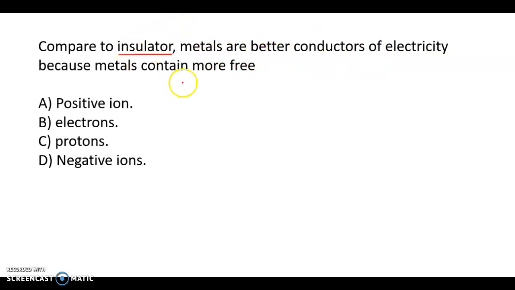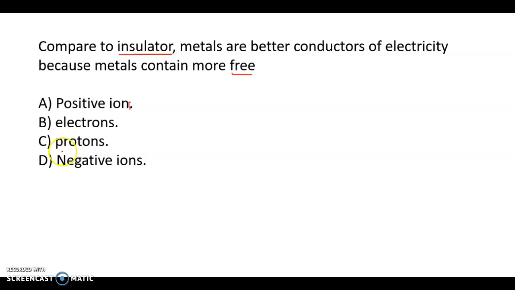Because metals contain more free which of the following: positive ions, electrons, protons, or negative ions? Here, from the basic point of view, you have to know which one of these four is responsible for carrying electric charge, how electric charge flows through metals.